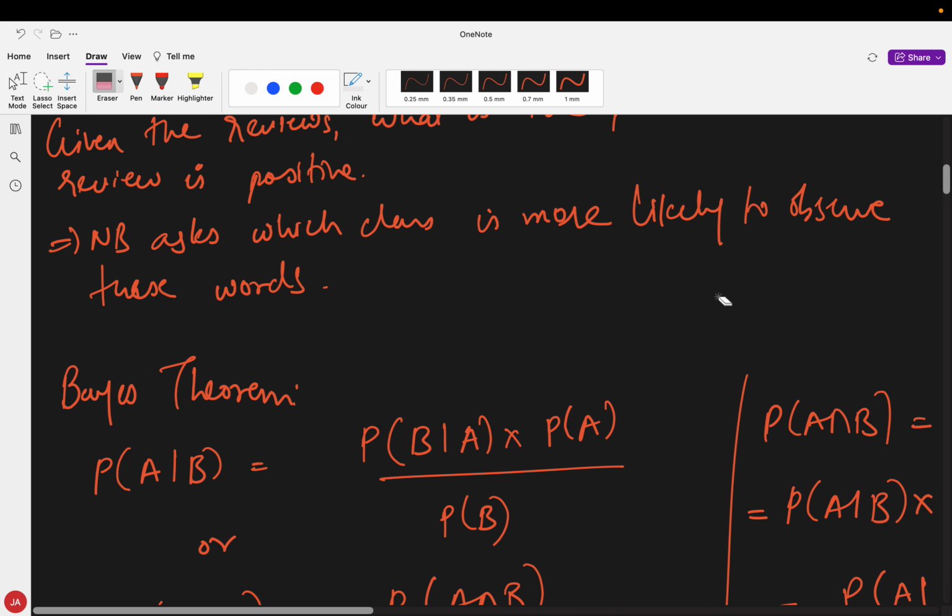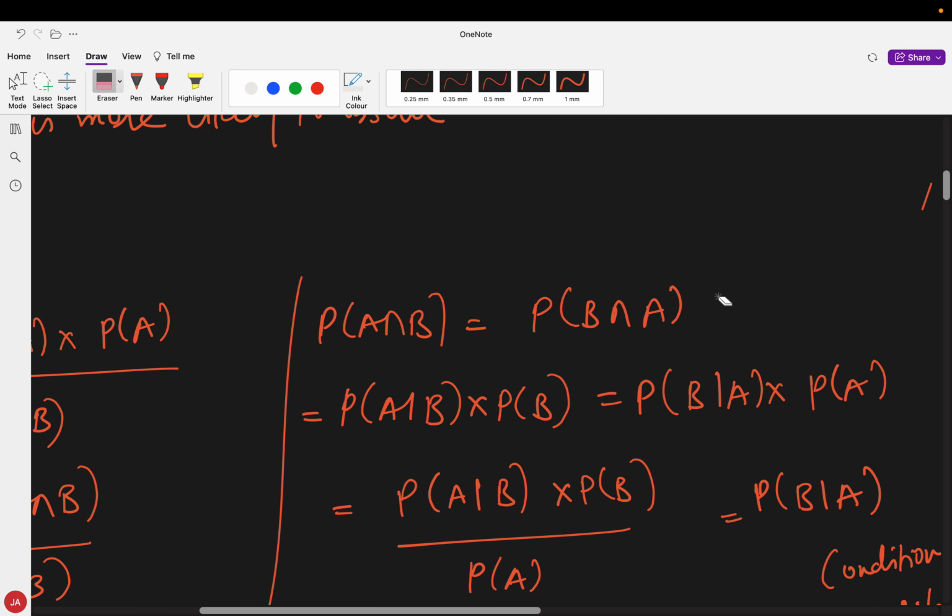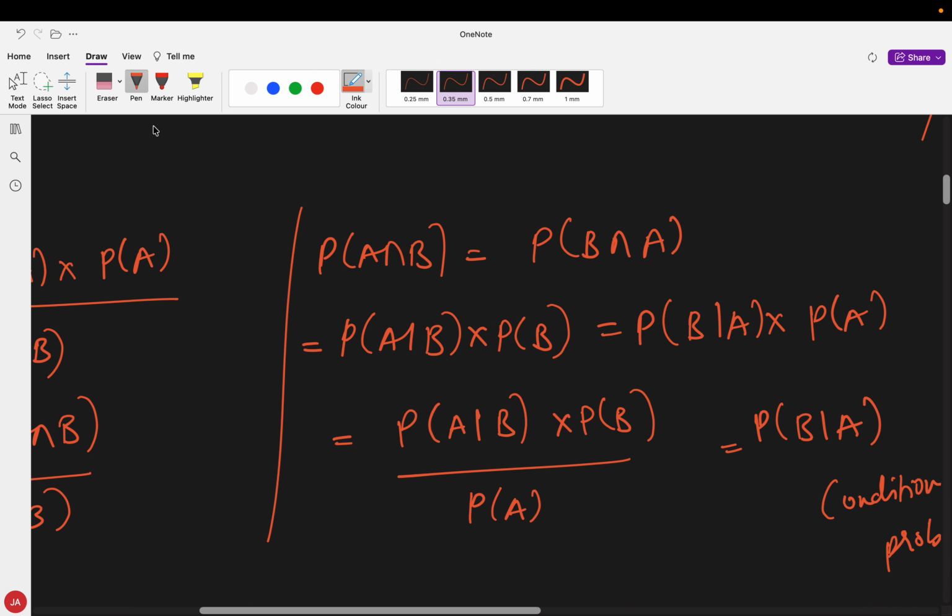So that is the Bayes theorem. Bayes theorem is nothing but a foundation of some simple algebra. It is given by the probability of A intersect B equals the probability of B intersect A. We know that A intersect B or B intersect A is the same thing, but A intersect B can also be written as probability of A given B times probability of B, right?